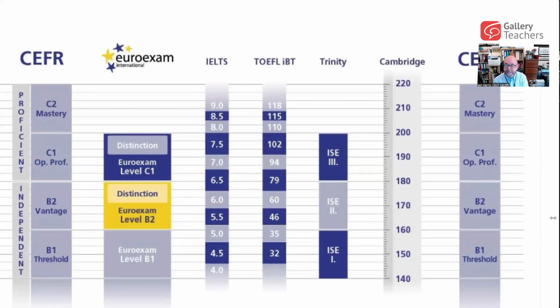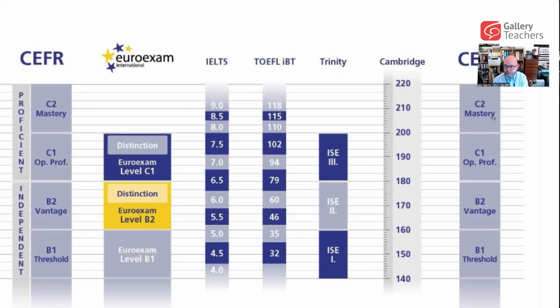Notice that the C2 mastery level is taken up by IELTS 8 and higher. Now, the highest band in IELTS, and this is an exam that will be familiar with many globally, goes up to the highest level of 9. Whereas the Cambridge Proficiency exam, and I'll talk quite a lot about that later, in fact goes higher up until the highest levels of 220.